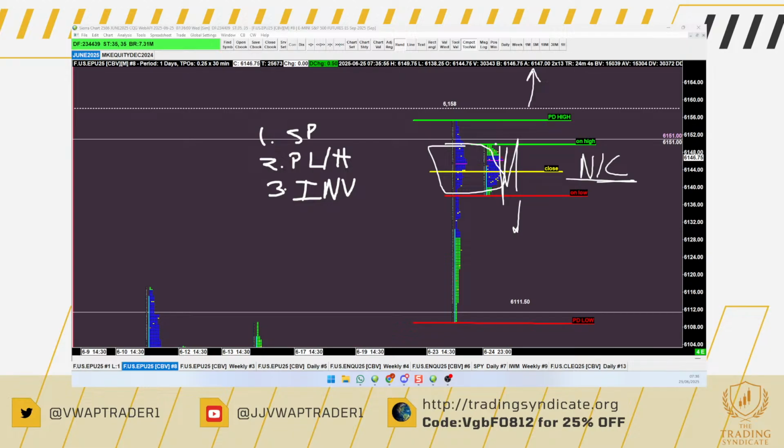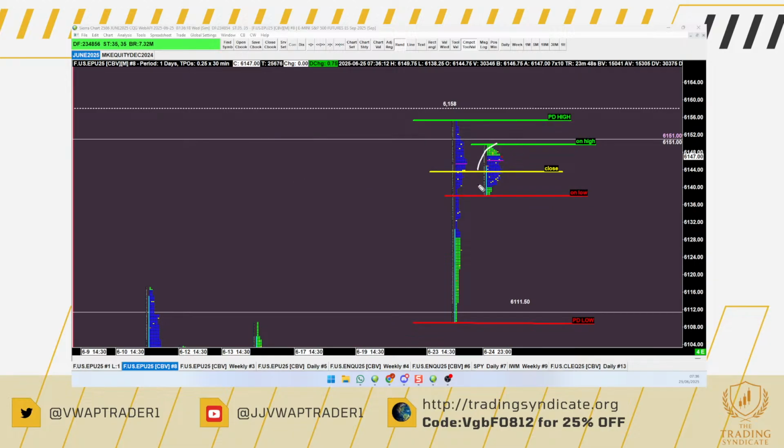A retail trader has no clue what the order flow is going to be. They don't even know what inventory is. So if you know that the inventory is trading at the same price as it was yesterday, then why would you expect a huge breakout this way or that way?